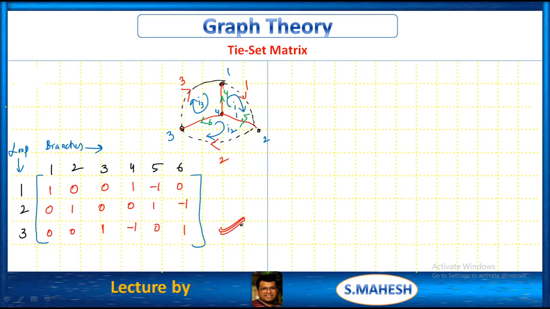Just we have to get the tie set matrix based upon that link direction. Based upon the link direction only we are providing the loop current direction. The loop current direction totally depends upon the direction of the link. Based upon that only we are going to get the tie set matrix. This is about the concept of tie set matrix, which gives the information of what? Branch currents.